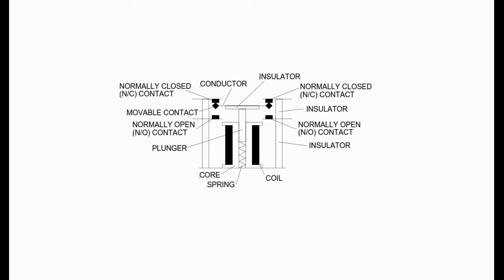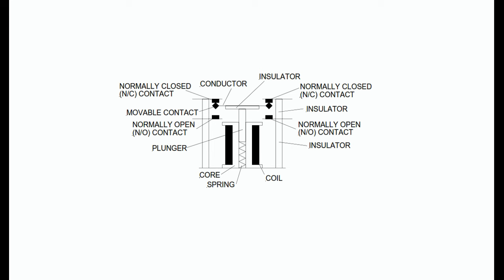There can be several sets of contacts mounted to the relay frame. The contacts energize and de-energize as a result of applying power to the relay coil. Connections to the relay coil are not shown.